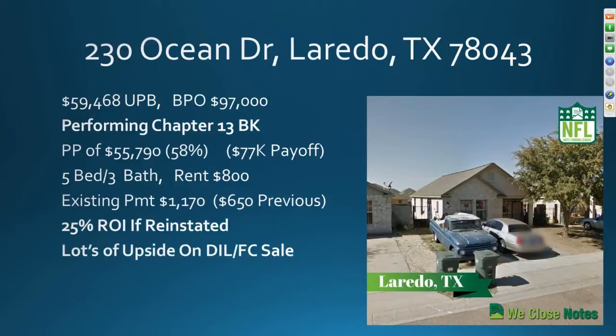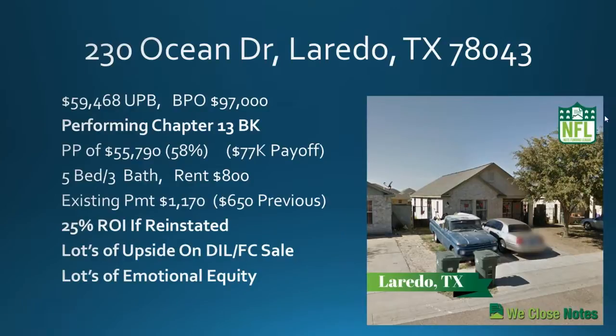Lots of upside if you do have to foreclose. You have some upside on that, 20,000 or more in sale on REO. And Laredo is a hot market. Lots of emotional equity. You see the decorations for Christmas around there, and the bars on the windows and things like that. Questions on Laredo, Texas?